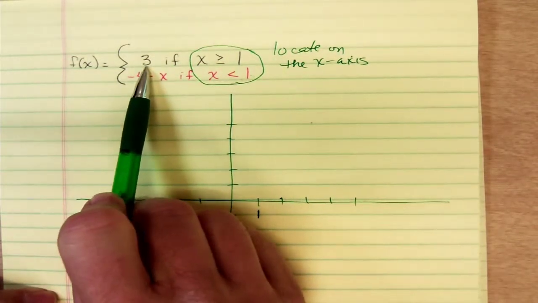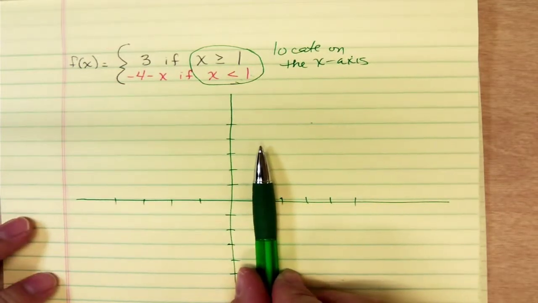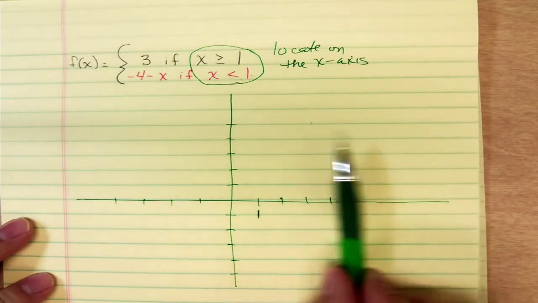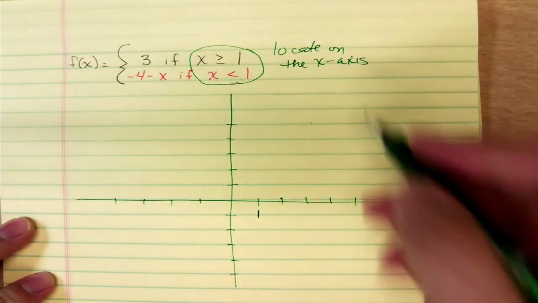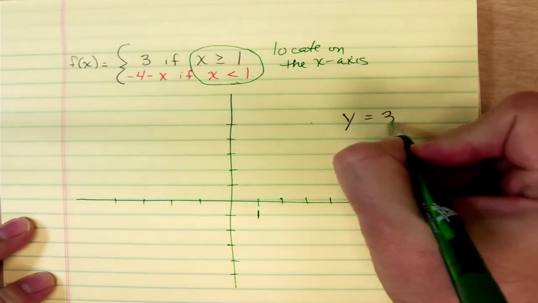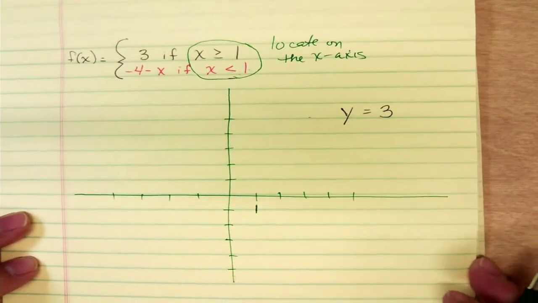The f of x equals 3 is the rule you'll use for x values greater than or equal to 1. That would be to the right of 1. So I'm going to go ahead and label y equals 3. Notice I'm writing y instead of f of x. If you want to write f of x, okay.